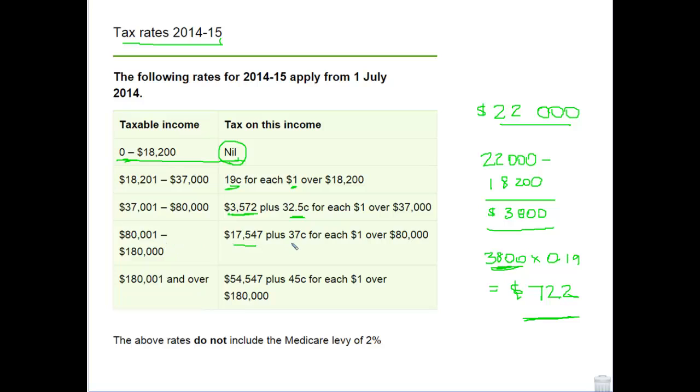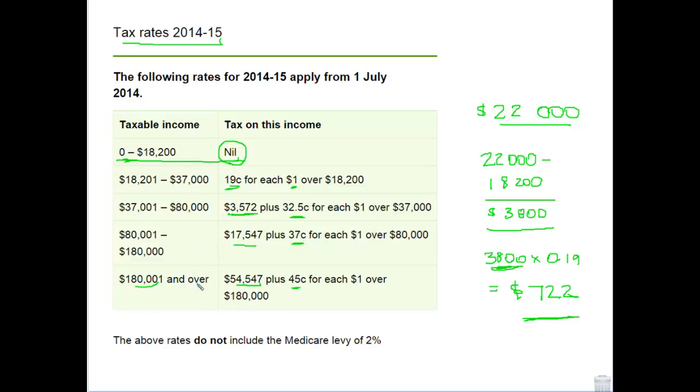But the bad news, if you're earning more than that, is that you start to pay more tax. For every dollar after that, you start to pay 37 cents, and that goes all the way up to $180,000. Once you're earning $180,000, you pay $54,547 in tax, but you'll also pay 45 cents for every dollar over $180,000. So you can see how it progresses.